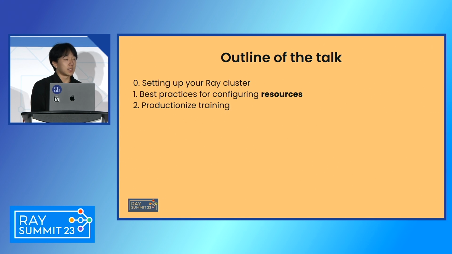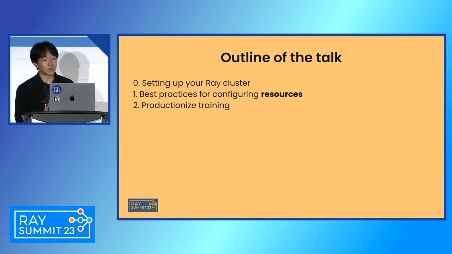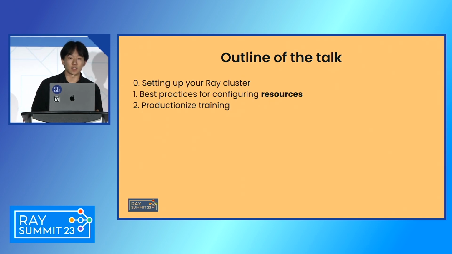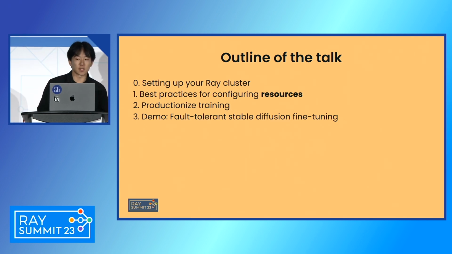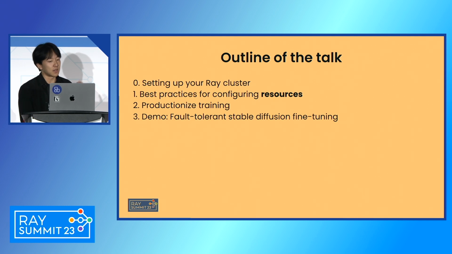Then we will learn how to use some of RayTrain's features to productionize your training job to make it more observable, as well as resilient to failures. And then lastly, we'll have a demo that shows a fault-tolerant stable diffusion fine-tuning script that's running. We'll do some investigation of observability metrics and take a look at best practices that we can apply in practice.